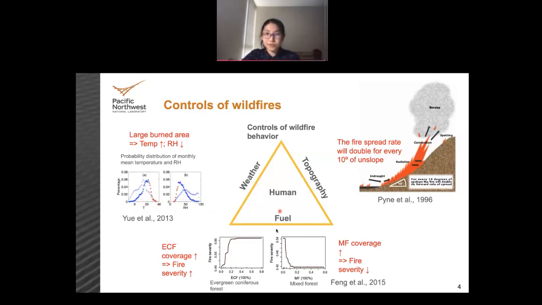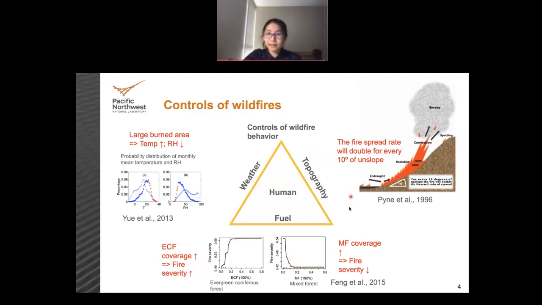The next one is fuel. Fuel is also an important factor controlling fires. Fuel must exist, and different fuel types can affect fire spread and fire severity. Here is an example from a paper in 2015 showing that different vegetation types can affect fire severity.